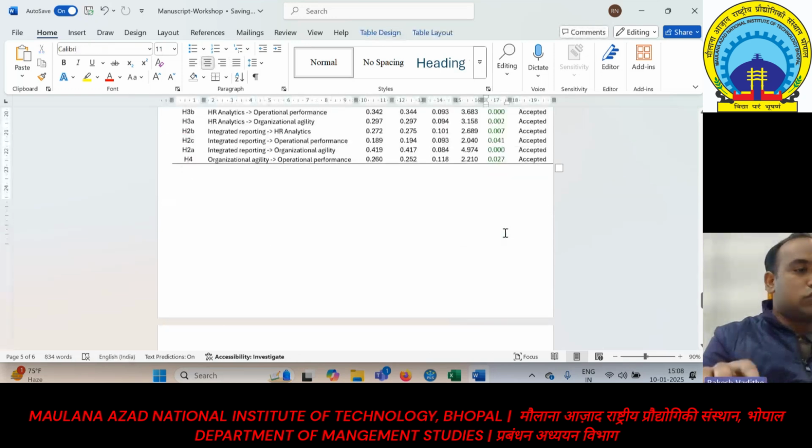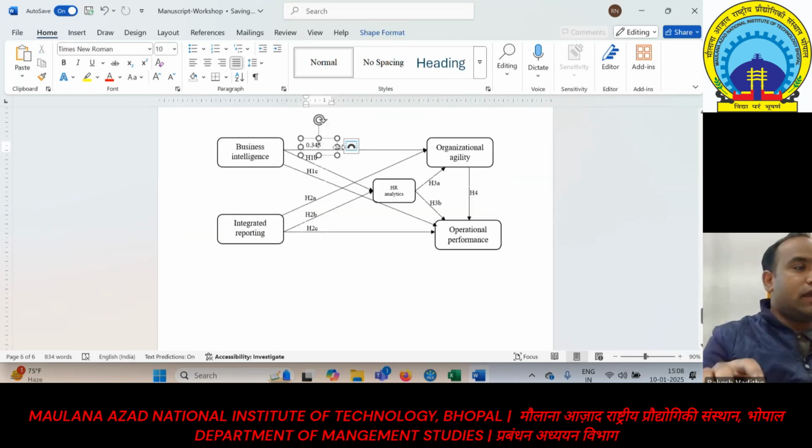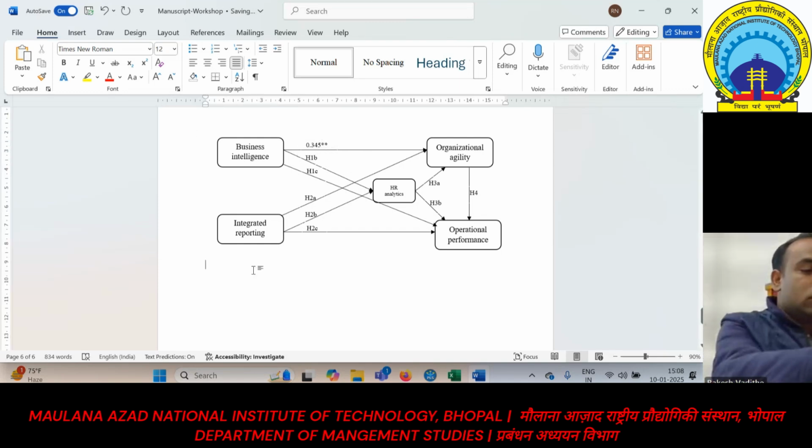That is having two stars. Then how we have to make the stars, I will explain. Suppose the p value is less than 0.001, we have to mention triple star.